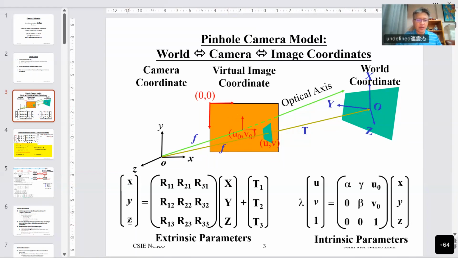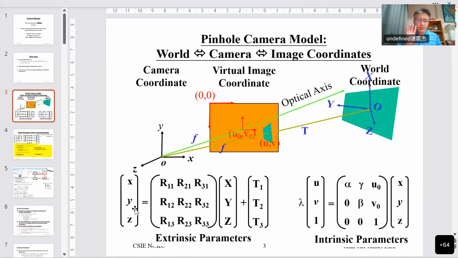The small x, y, z are the camera coordinates. 3D coordinate to 3D coordinate, like a robot arm, or 2D to 2D, is a rotation and translation. So this is a kind of affine transform. An affine transform has translation, rotation, scaling, and shear, but we forget about shear.